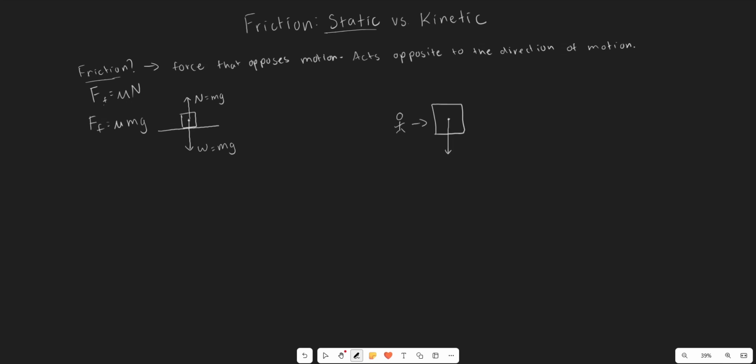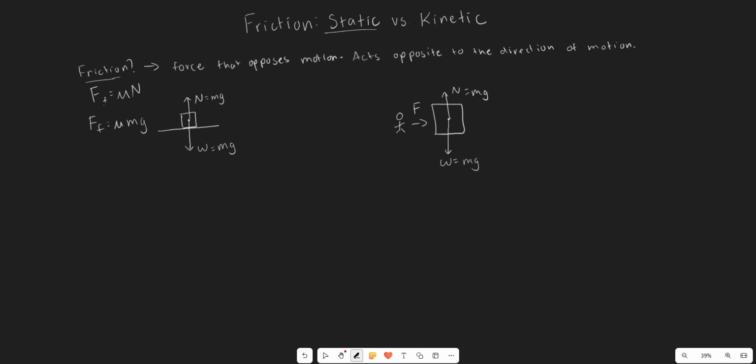Let's say the weight is equal to mg and the normal force is mg. And he can't push it. It's really hard to push. He's applying all the force he can. Let's say that force is 20 newtons. Let's just say that it's a force F.